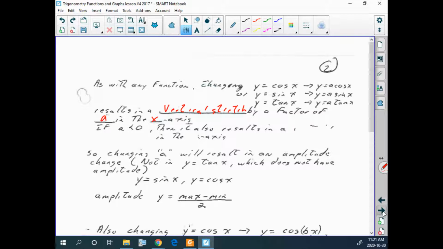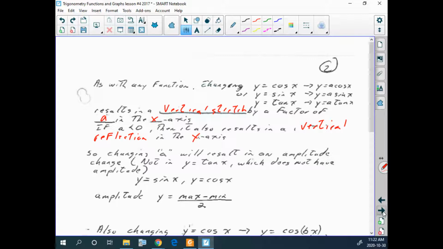Just completing the statement. So if we put the A in front of our functions, now if the A is negative, A being less than 0, we have a vertical stretch plus we have a vertical reflection in the x-axis.